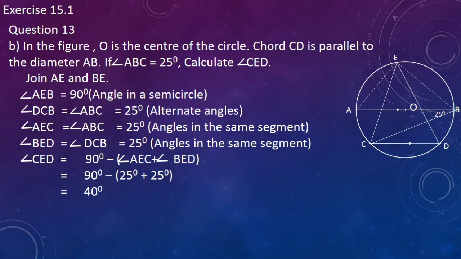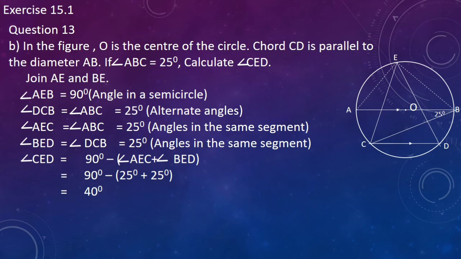Question 13b. In the figure, O is the center of the circle. Chord CD is parallel to the diameter AB. If angle ABC is equal to 25 degree, calculate angle CED. Here we have to join AE and BE.